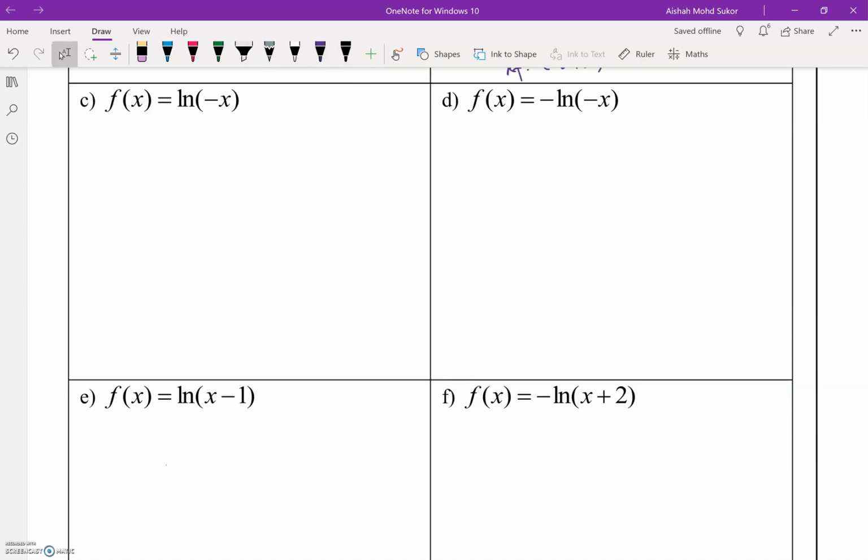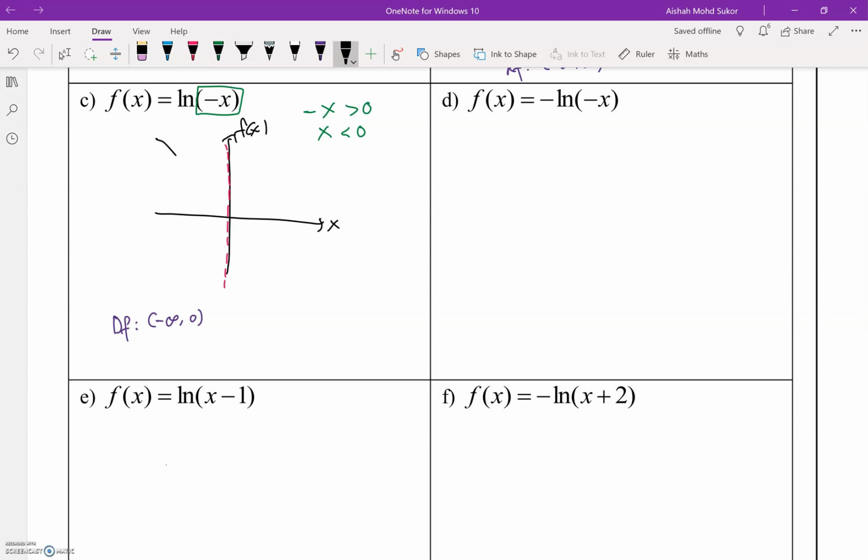Next, f(x) equals ln negative x. f(x) exists whenever negative x is greater than 0. So x will be less than 0. So our domain will be negative infinity to 0. To sketch the graph, there will be a vertical asymptote at x equal to 0, and this is the graph.